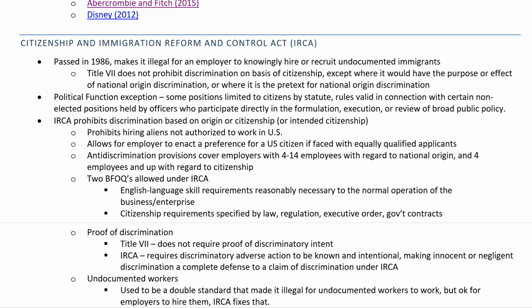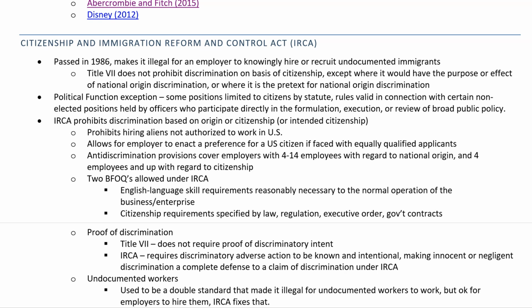Title VII does not prohibit discrimination on the basis of citizenship, except where it would have the purpose or effect of national origin discrimination, or where it would be the pretext for national origin discrimination. So Title VII really only touches on citizenship where it would be used as some sort of proxy to discriminate based on national origin. There is a political function exception here.